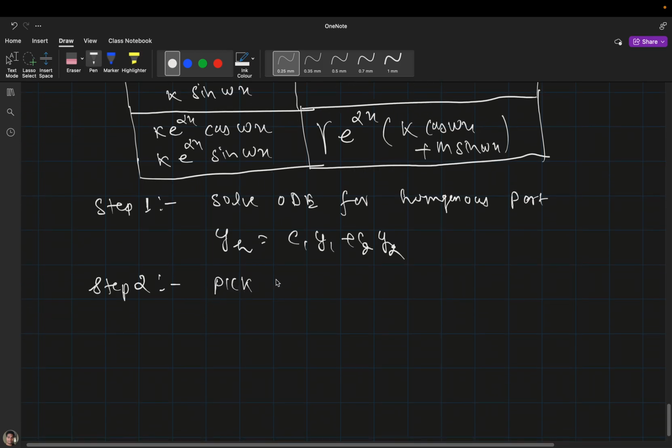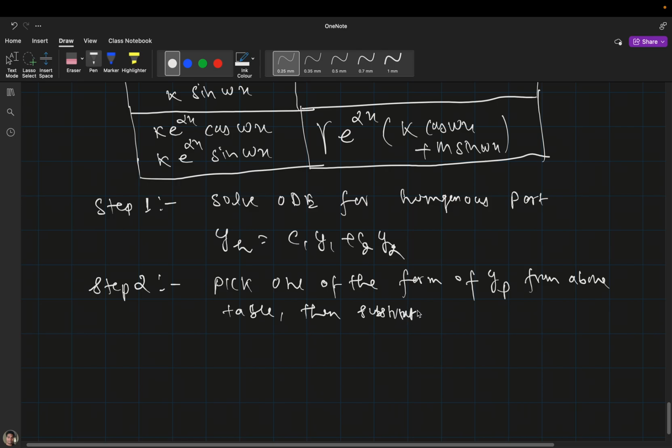Pick one of the forms of y_p from the above table, okay, then substitute into the ODE, okay, then find coefficients, okay.